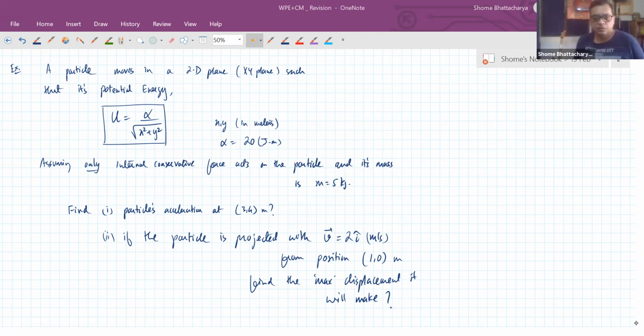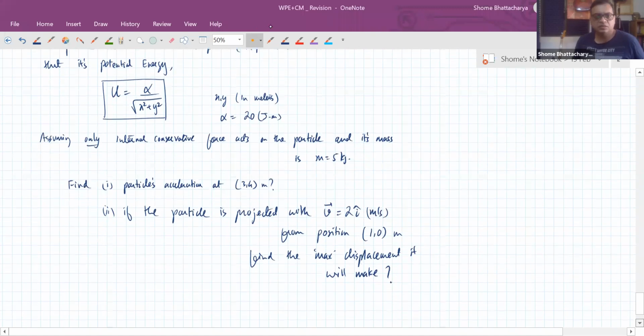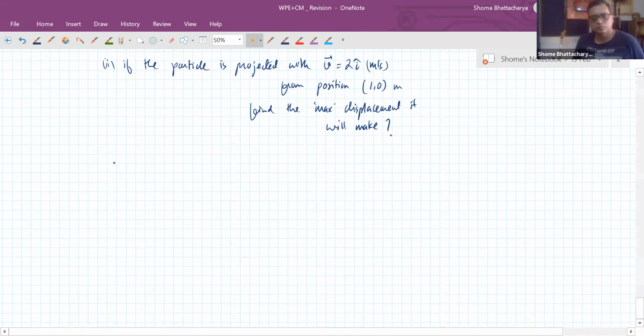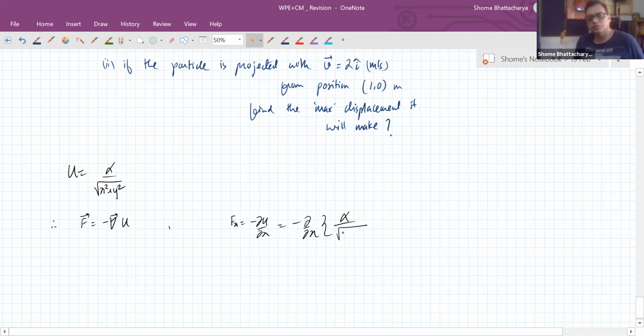Okay, students, so let's understand this particular question. So potential energy is given to us by this relation. Okay, so from this we can see that the internal conservative force is negative of gradient of potential energy. So that means over here that the x component of the force is negative of partial gradient with respect to x of this function, which means that we have to treat y like a constant and differentiate it with respect to x.